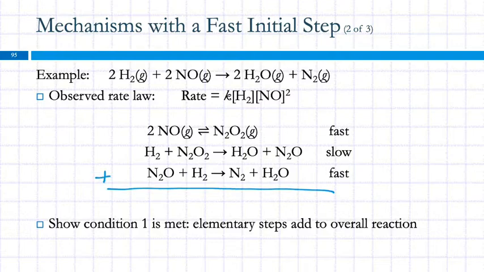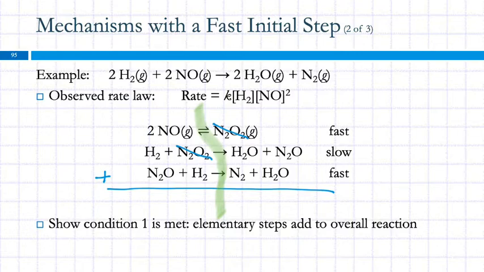Make sure that you keep your arrows kind of lined up. We have to make sure that we don't cross things off on the same side. So there's an N2O2 on this side, and there's an N2O2 on that side. So this gets made and then it gets destroyed.